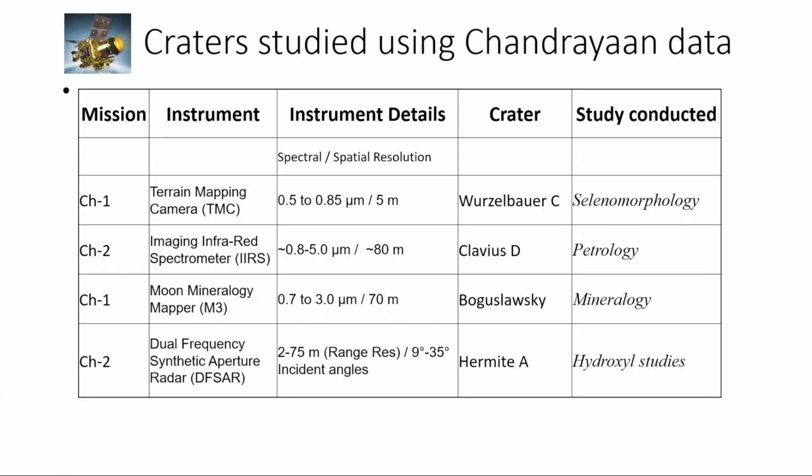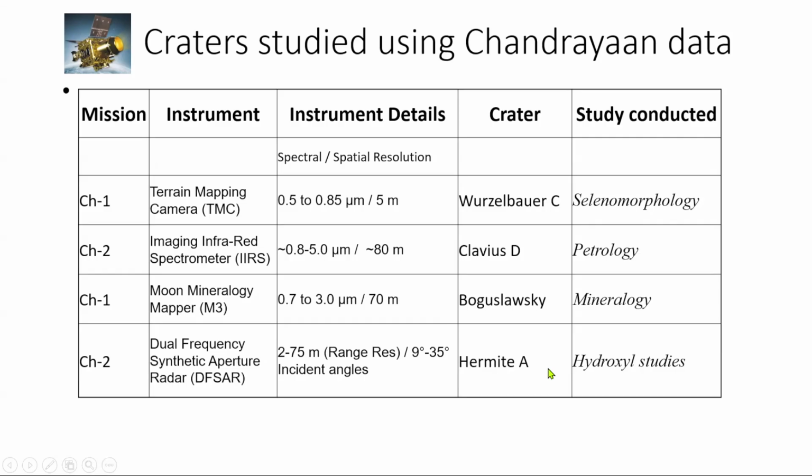For this, we have used the Moon Mineralogy Mapper, which has flown on Chandrayaan-2, developed by NASA. It has a spectral range from 0.7 to 3 micrometers with a resolution of 70 meters in targeted mode and 140 meters in global mode. In global mode, the spectral bands would be 86.